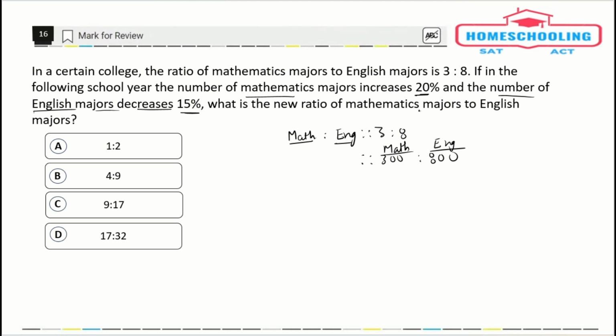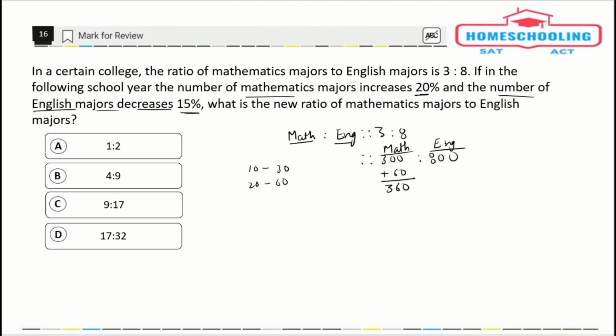The question says that the mathematics major increases by 20%. So 300 is the total. 10% would be 30, 20% would be 60. So the total number of maths major would be 360.